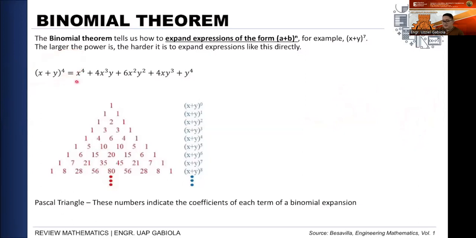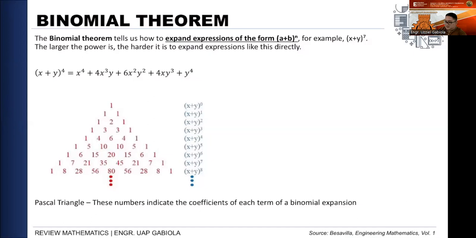So how did we come up with this expansion of x plus y to the fourth? Ang pwedeng gawin natin, since this is to the fourth, we can actually paghiwalayin, no? Dalawang set ng squared na x plus y.